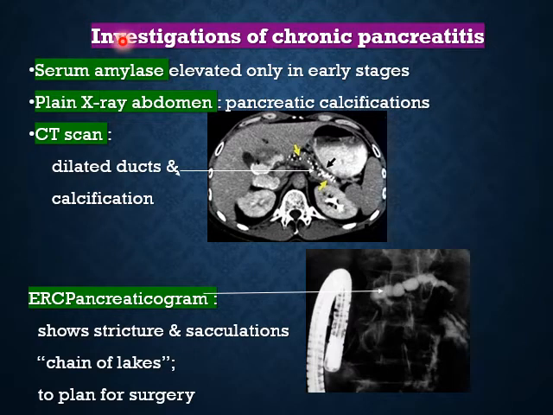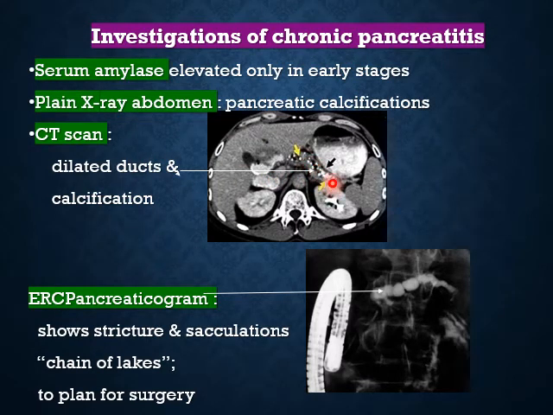Okay. These are some of the investigations in chronic pancreatitis. Serum amylase may be elevated in early stages, but later, as the gland becomes destroyed, amylase becomes normal. Plain X-ray abdomen may be able to show you pancreatic calcifications. Then the CT scan will show dilated pancreatic ducts.